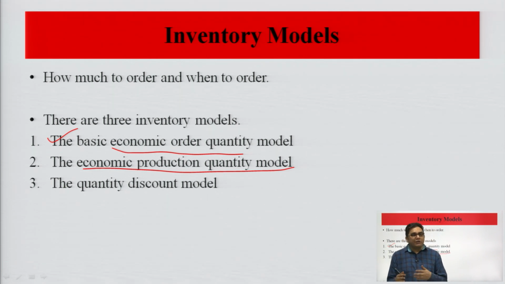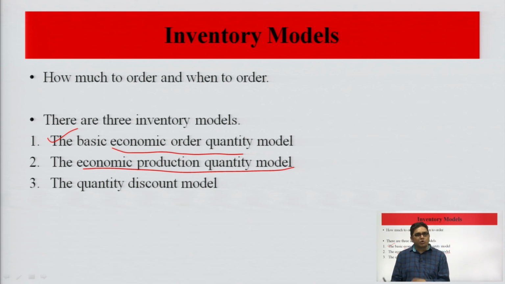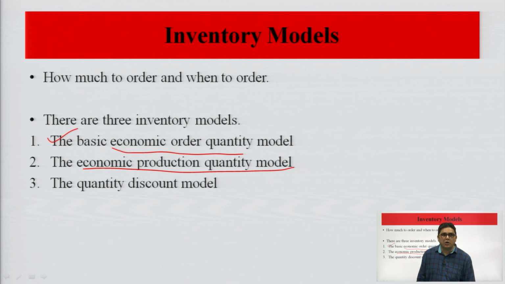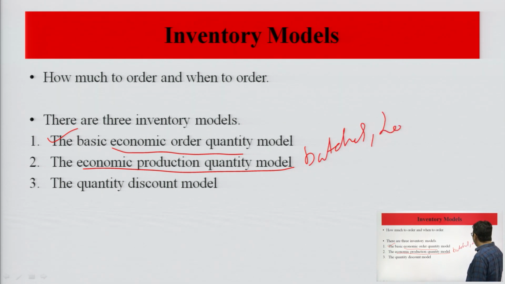On the other hand, if a company adopts continuous production, the quantity produced may lead to extra inventory, which again becomes a problem. So in organizations where continuous production is not followed, production is made in batches or lots.